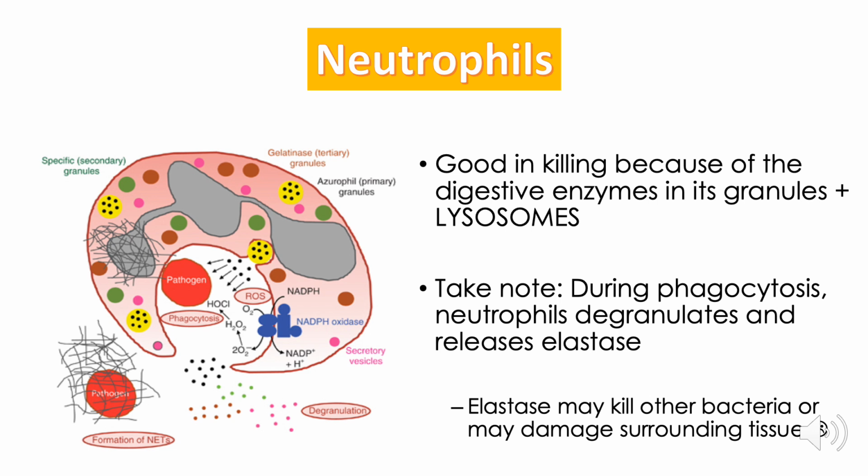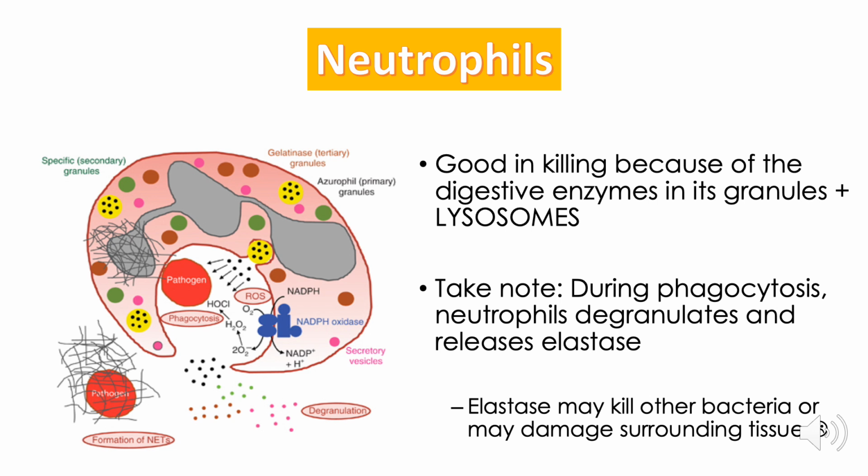The problem with neutrophils is this. Take a look at the picture of the neutrophil in the PowerPoint slide. Can you see that this neutrophil is currently engulfing foreign materials? The problem is that as they form the vacuole during phagocytosis, they can't help but allow some of the enzymes in their cytoplasm or granules to escape. One of the enzymes that will leak out is elastase.